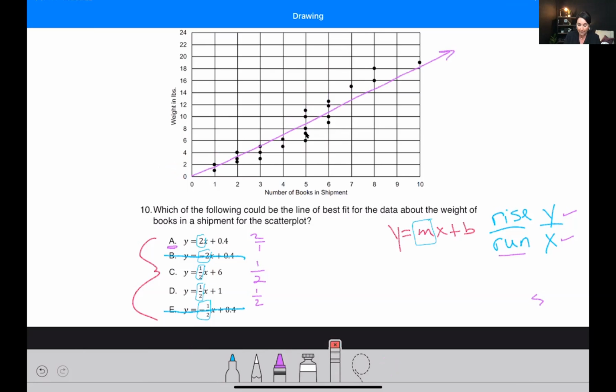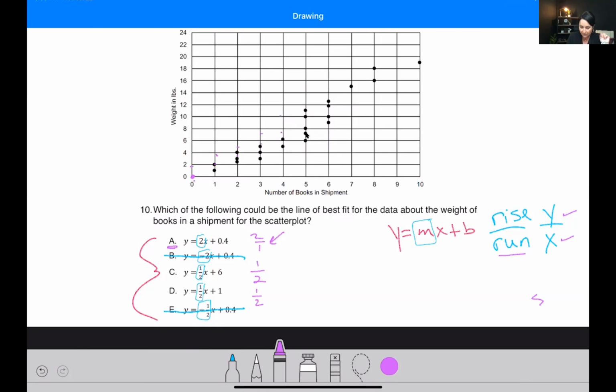then you could have a more definitive slope. We're going to estimate here, and that's okay because on this test you'll be able to do that with the answer choices. So right now 2 over 1 looks good to me. If I start here, I go up 2 over 1, up 2 over 1, up 2 over 1, up 2 over 1.